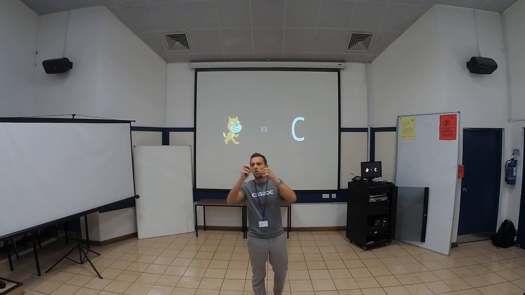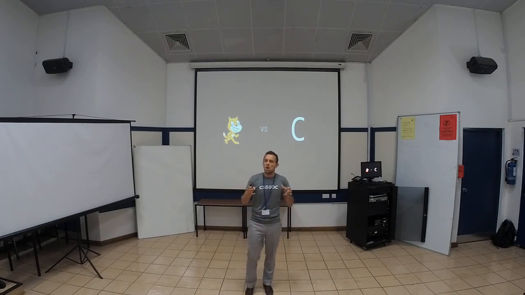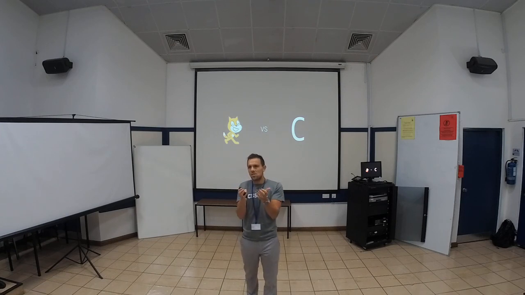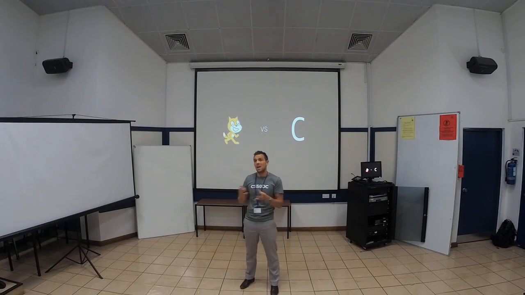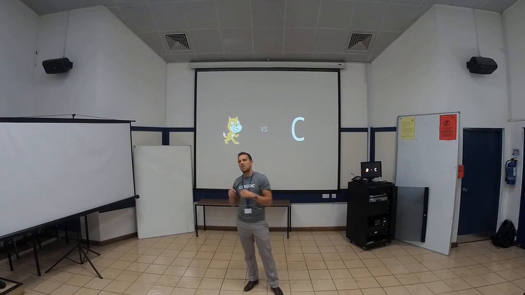Just as we could use this blocky interface in Scratch that was quite intuitive for most of you, those ideas are the same in C. We just have to implement them slightly differently because we're going to be using a textual-based language and not the drag and drop interface that you've been using in Scratch.